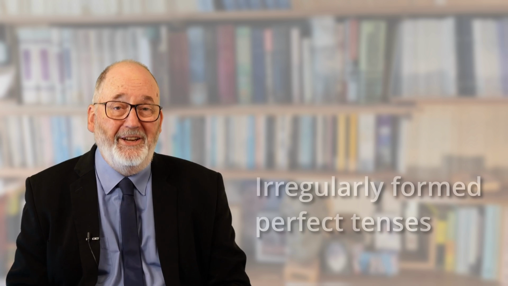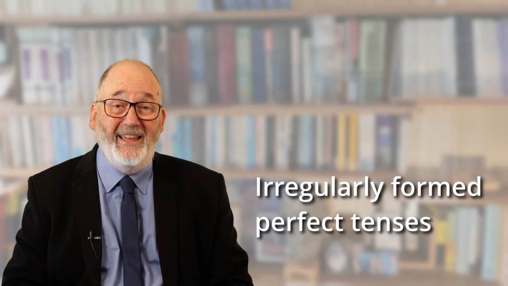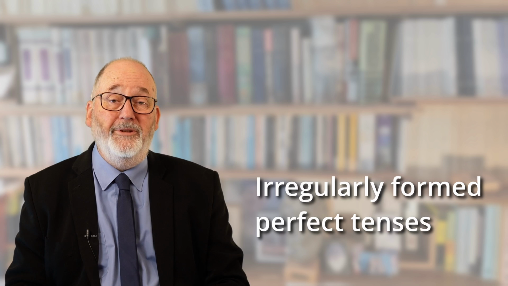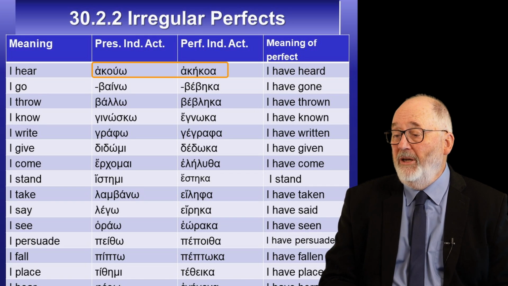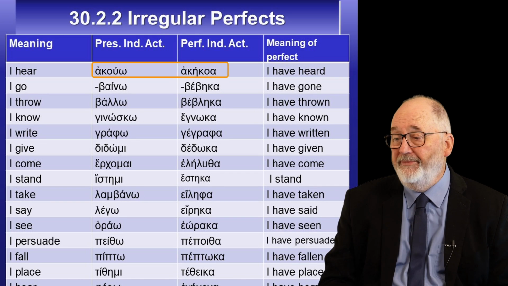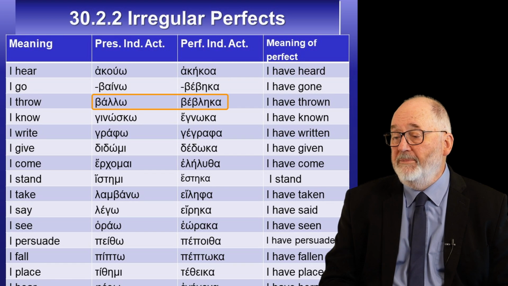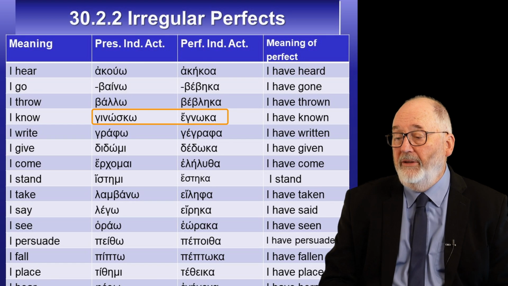Now, you will remember me mentioning that the kappa on the perfect ending ka, kas, ken, etc., is going to cause interesting changes. And we have many interesting changes happening to verbs as they form their perfect tense. Akouo becomes akēkoa. Baino becomes bebēka. Ballo becomes beblēka. Ginosko becomes egnoka.